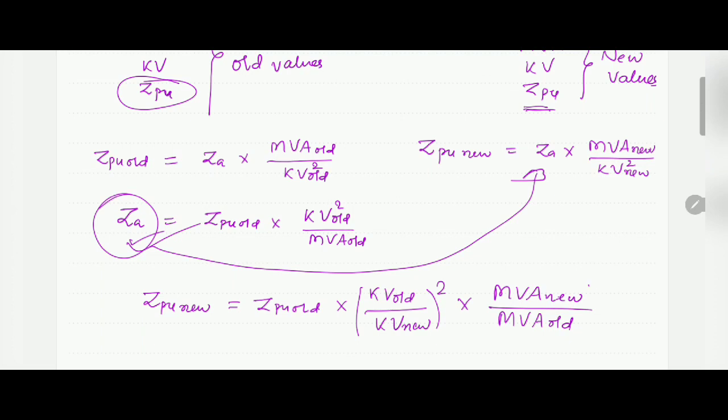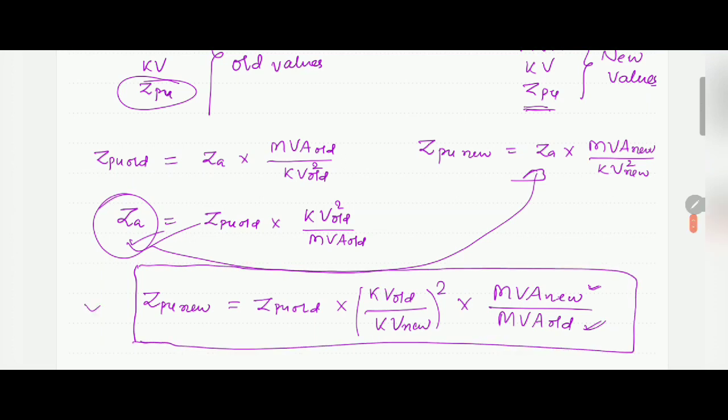That means the ratio of new base MVA to the old base MVA. So this is a standard equation. We will have to memorize this equation so that we can directly utilize it while solving problems.